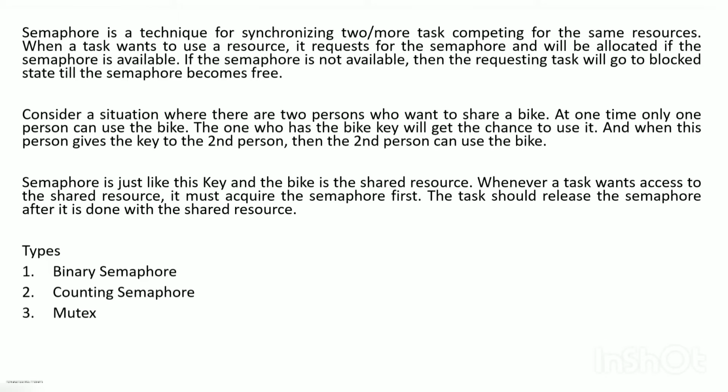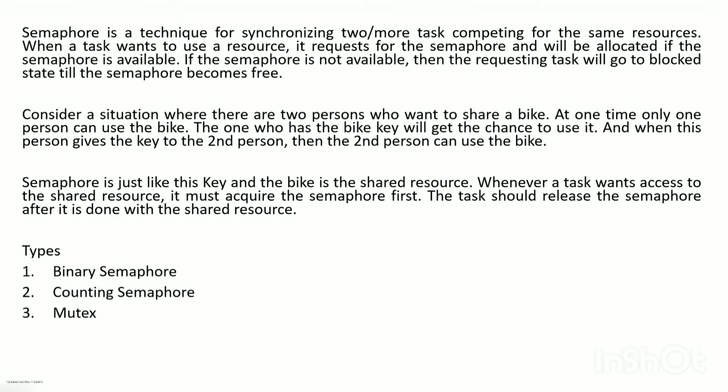Just like this key, the semaphore will act as a synchronization mechanism between various processes. So the bike you can think of as the critical section, and the semaphore will be acting as the key to the critical section. Okay. So the critical section is accessed by the variable or the key which is called a semaphore.